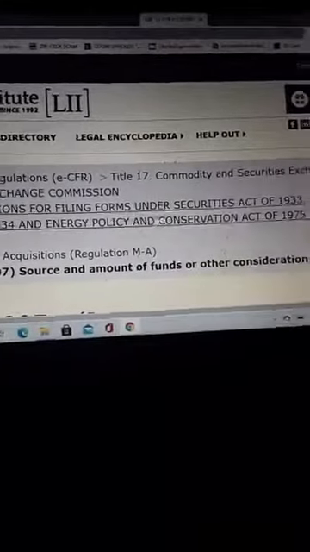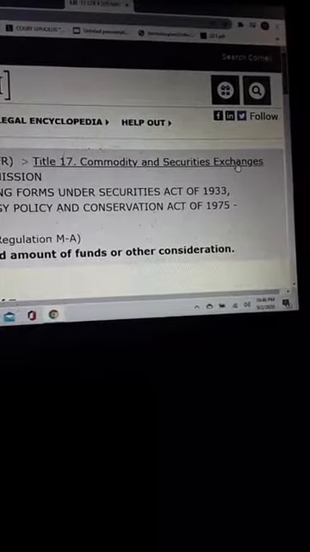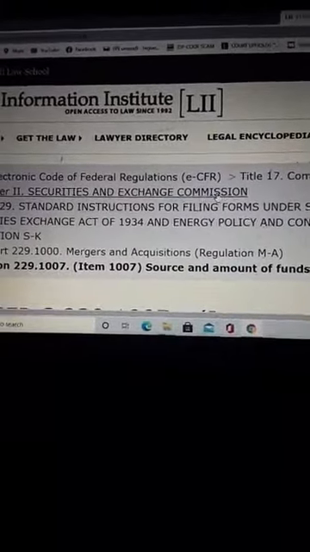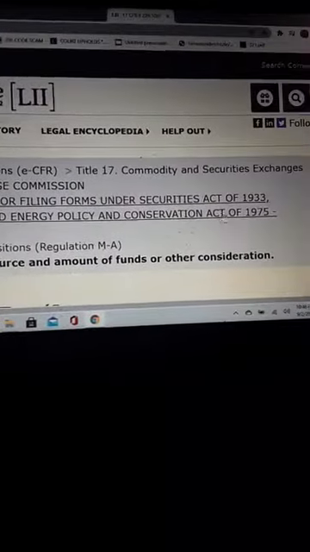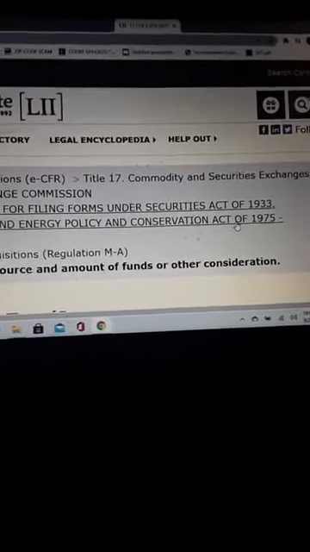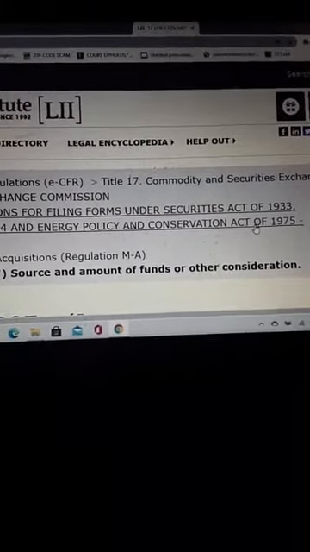Title 17 of the U.S. Code, Commodity and Securities Exchanges. Securities and Exchange Commission, Standard Instructions for Filing Forms under Securities Act of 1933. That Social Security application is a security form.